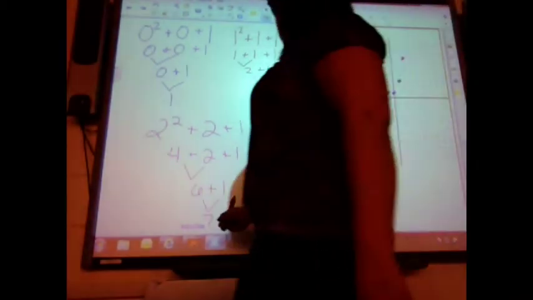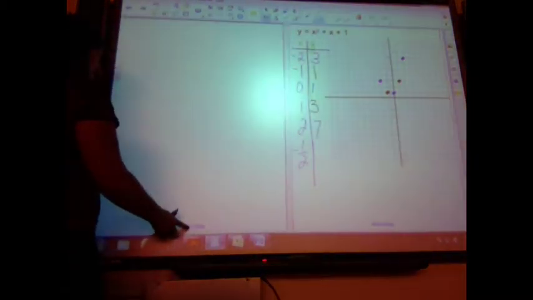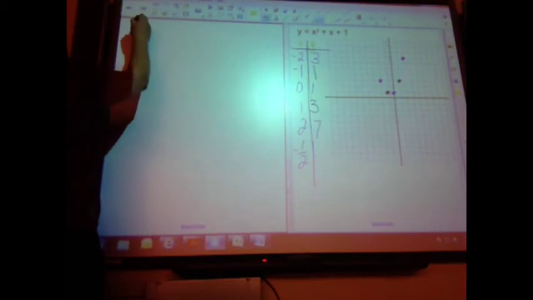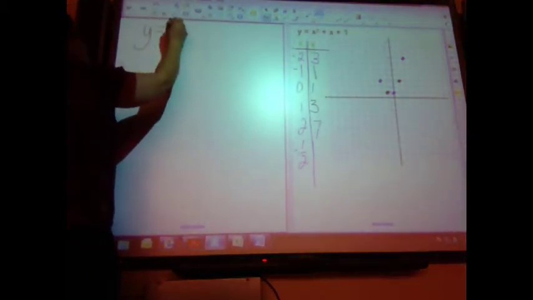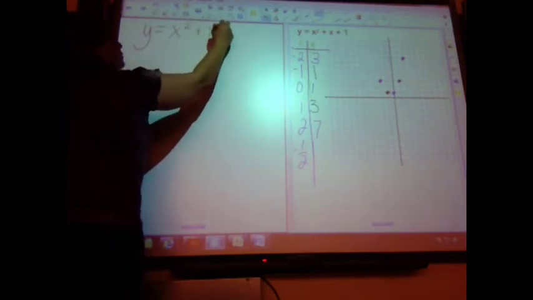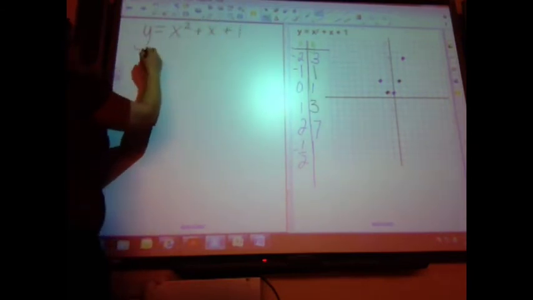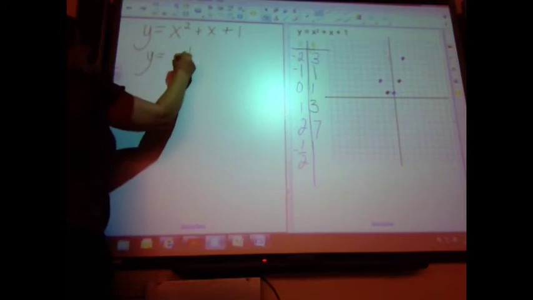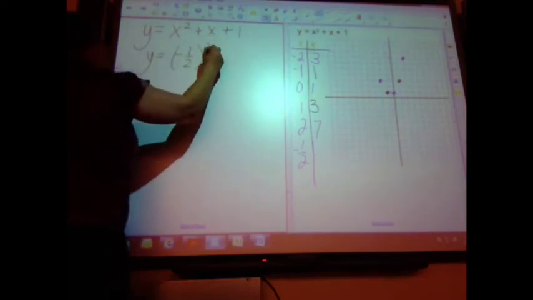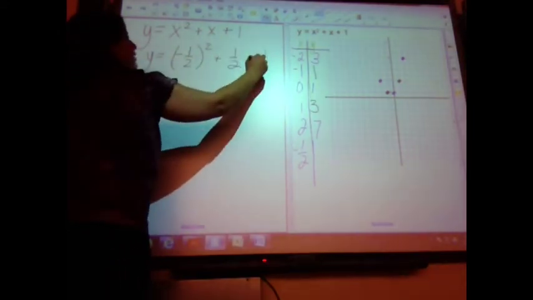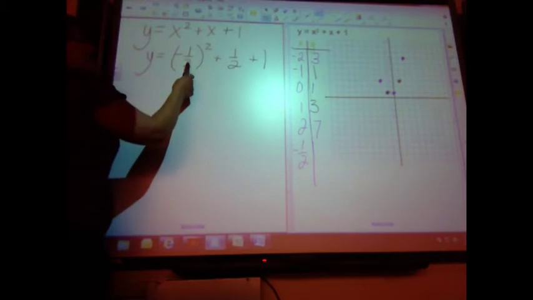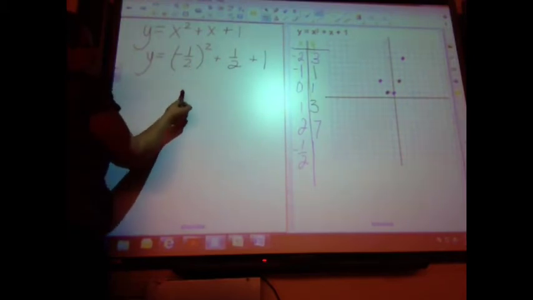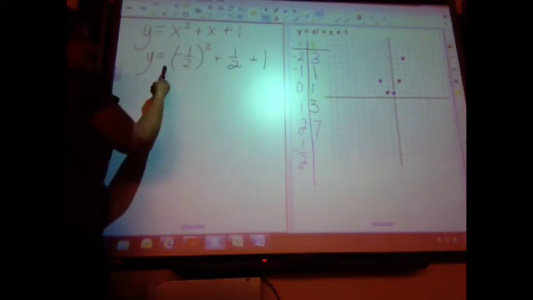So now in my equation, I'm going to put in -1/2. So instead of y equals x squared plus x plus 1, I'm now going to do y equals -1/2 squared plus 1/2 plus 1. Now I know this is a fraction, so that might stress you out a little bit, but just go with it. You can totally do this. -1/2 times -1/2. So negative times negative is positive. 1/2 times 1/2 is 1/4.